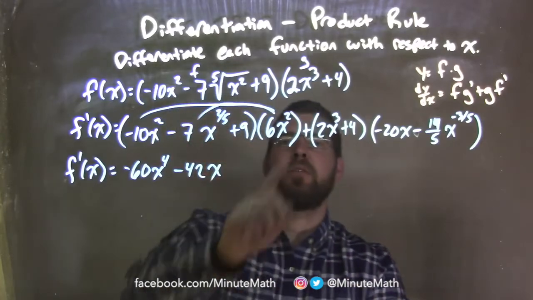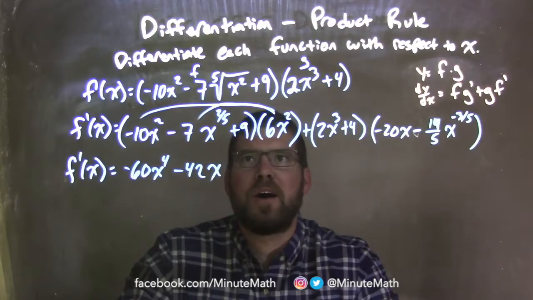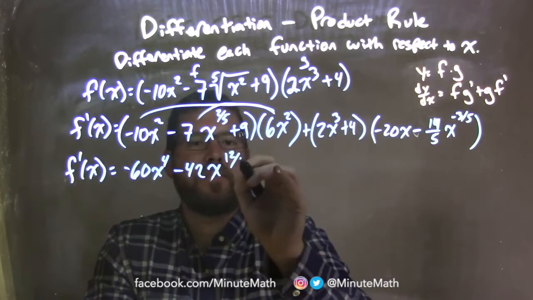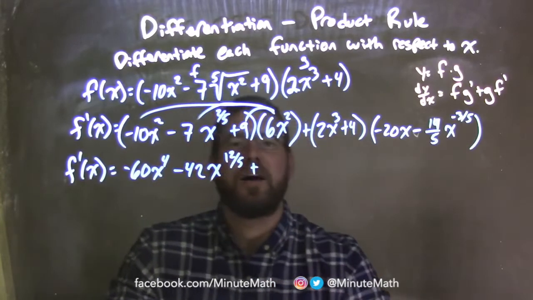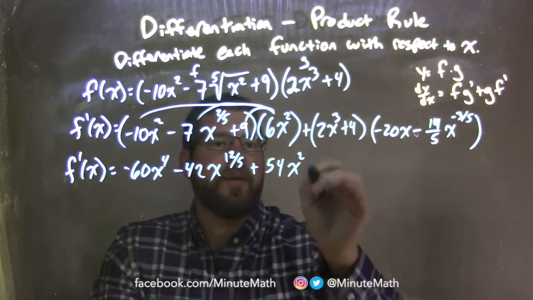Now we have to add our exponents. 2 plus 2/5 comes out to 12/5 power, plus 6 times 9 is 54, and that's x squared.